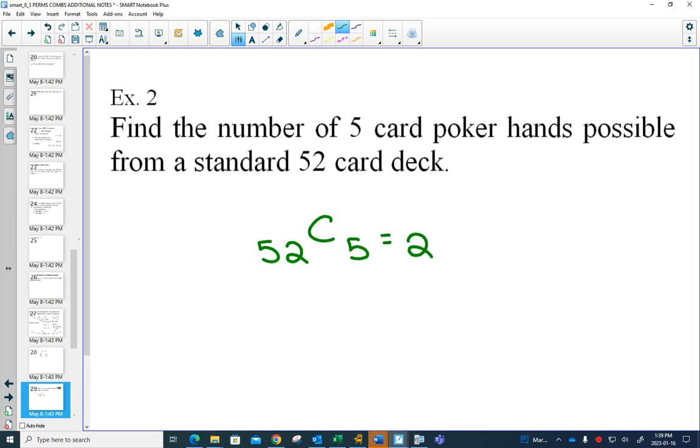We get 2,598,960 different poker hands. That means it's very, very rare to get exactly the same 5 cards ever again, because there's 2.6 million poker hands.